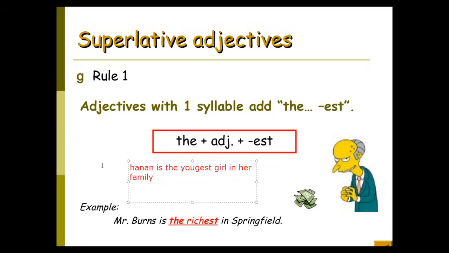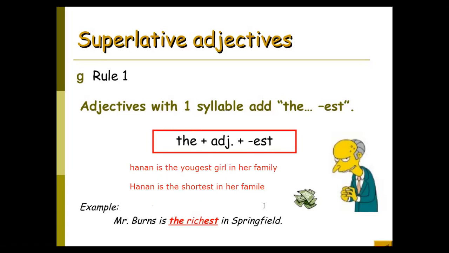I want to say that I'm short. I will say Hanan is the shortest in her family. So notice right here, I put est and I put the before it to tell you that I'm talking about myself. I am the one that I compare to the others. So the before the adjective, est at the end. Understood?